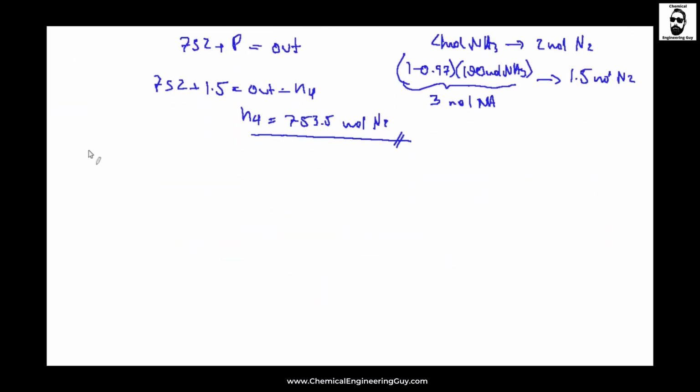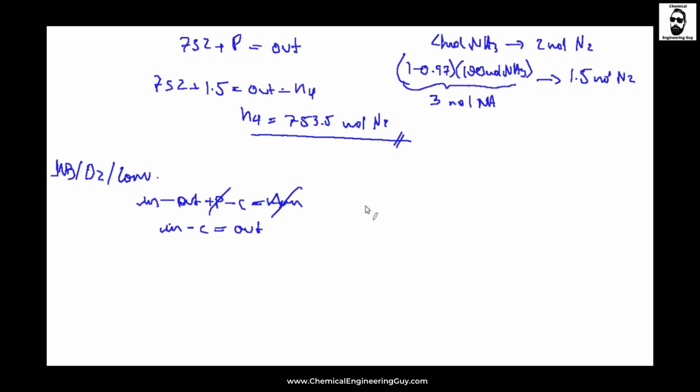Now we can actually continue with the mass balance on the oxygen in the converter. And this one is interesting because it's inlet minus outlet plus production minus consumption equals accumulation. Now accumulation is zero, and we're not producing oxygen, we are actually consuming it, so inlet minus consumption will give me the outlet. And the thing here is that there's consumption 1 by reaction number 1, consumption 2 by reaction number 2. So let me write this.